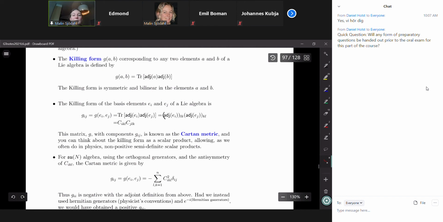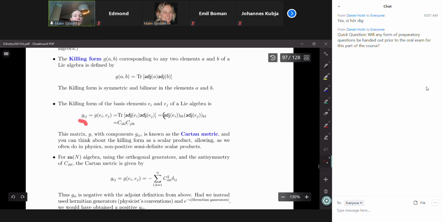And then recall that this adjoint of E_i was some C_i with indices l k, but with components swapped. So instead of l k, we have k l. And similarly here, we have C_j, and instead of k l, we have l k.